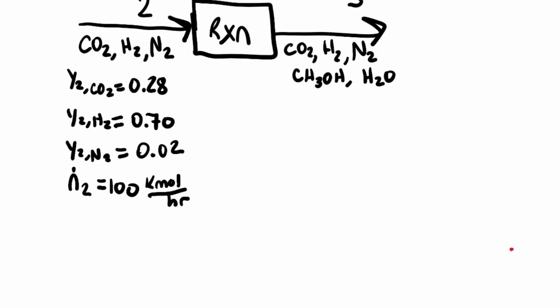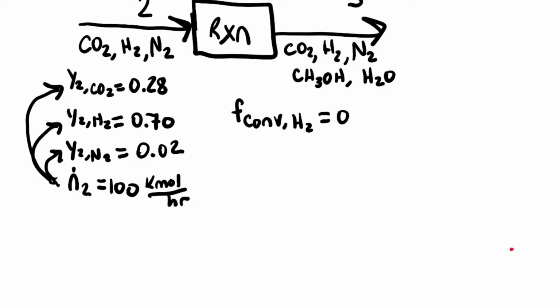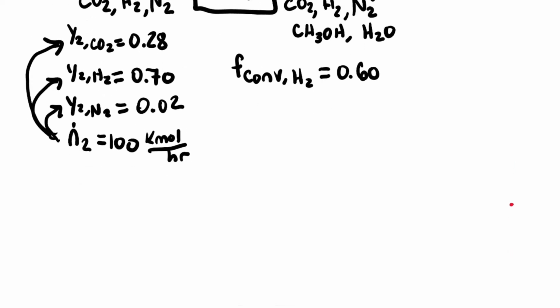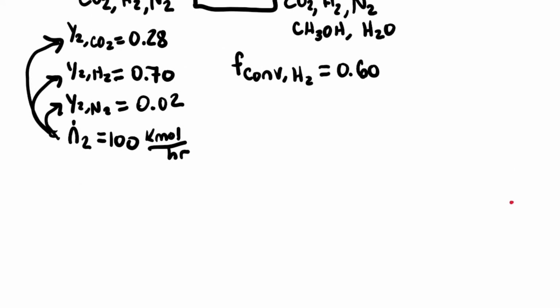And now that you know that, you actually get all the flow rates because you know all the mole compositions. And the other piece we know is the fractional conversion of H2 equals 0.60. So now that we've got everything set up, what we're going to do is an extent of reaction table.